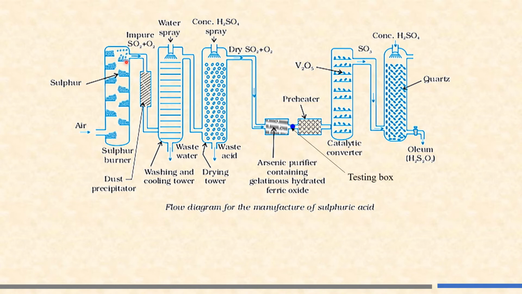So, these are converted into SO2 plus O2, that is impure SO2 and O2. This is passed into the dust precipitator, and then it is passed into washing and cooling tower.